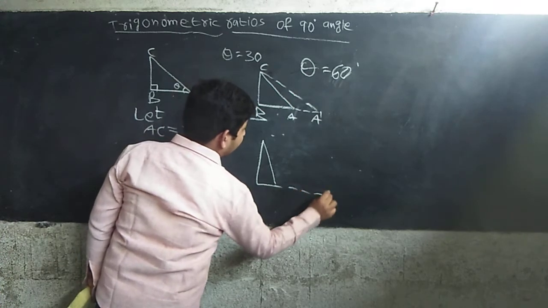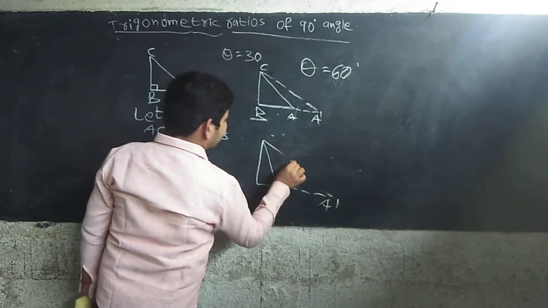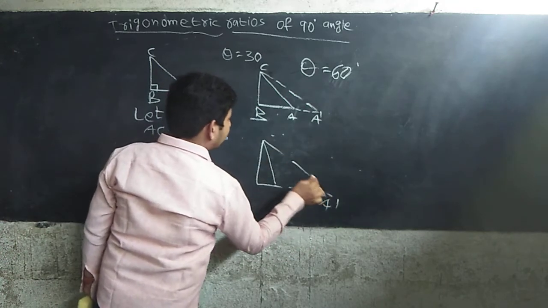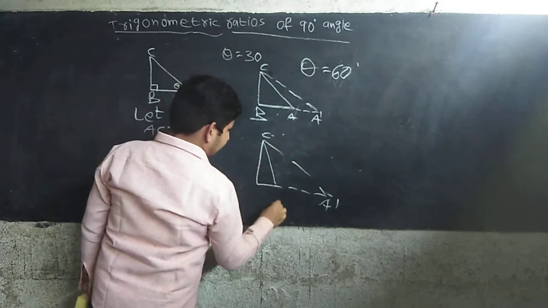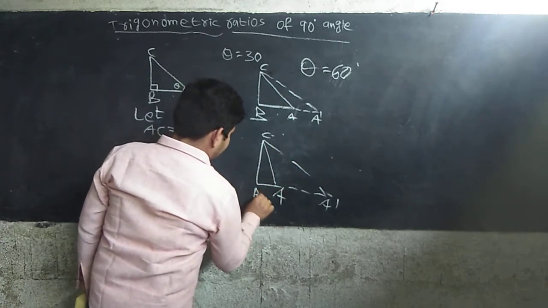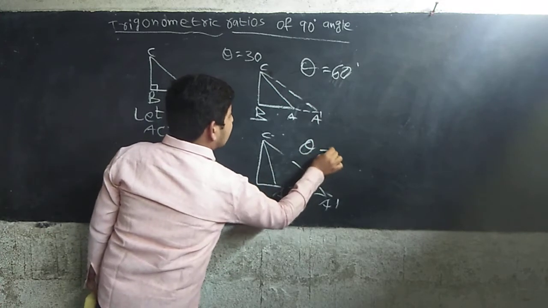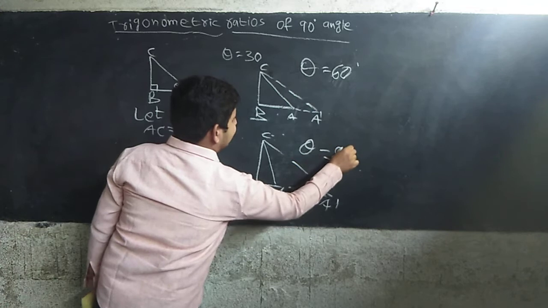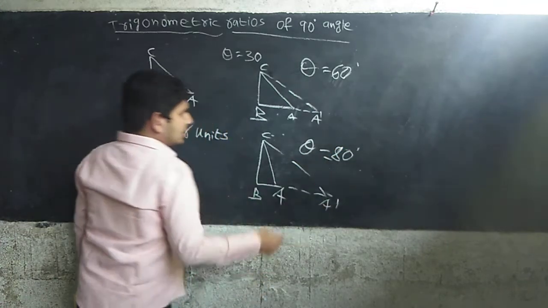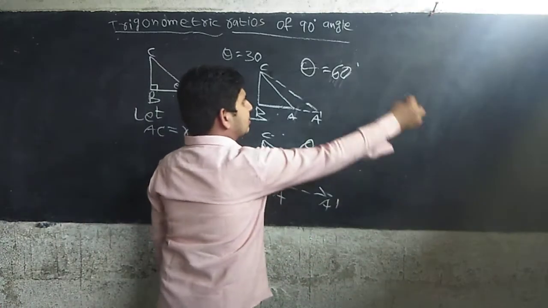This is the point A dash. In triangle C, A, B, here theta equal to 80 degrees. Next the angle is 85 degrees.